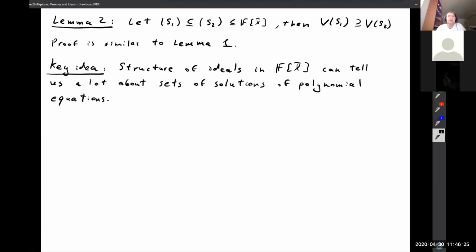And in fact, in the ring F[x], all ideals are generated by finitely many polynomials. And this is the so-called Hilbert basis theorem. Theorem 1, Hilbert basis theorem.